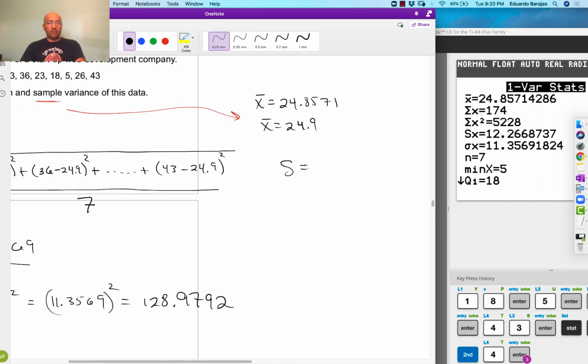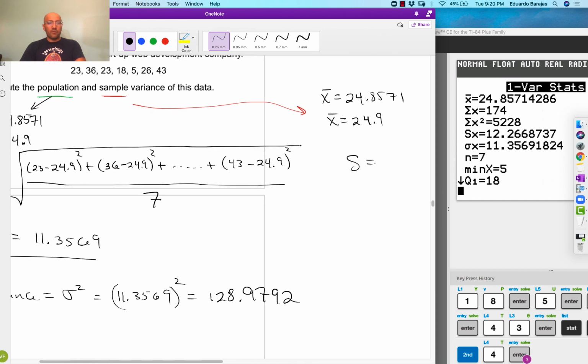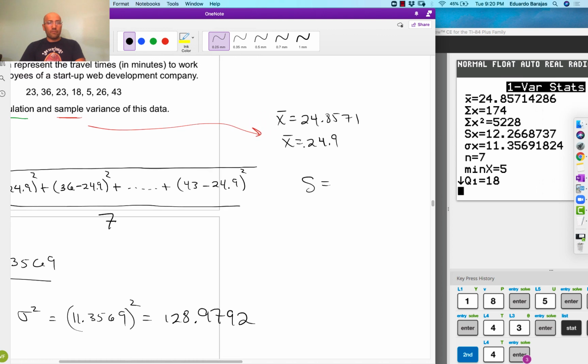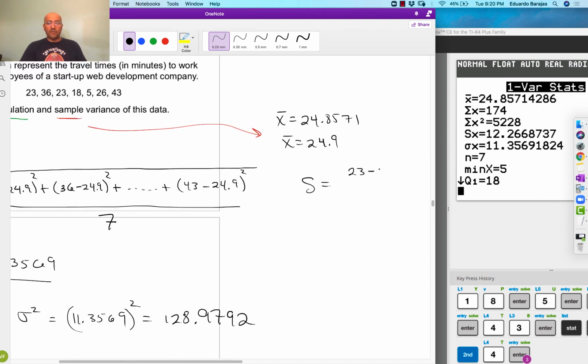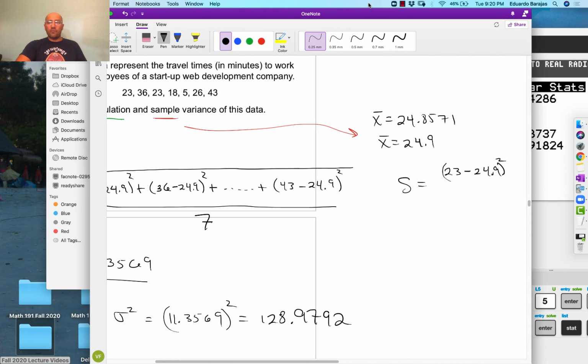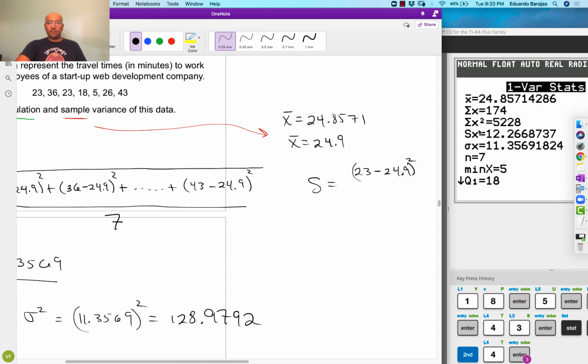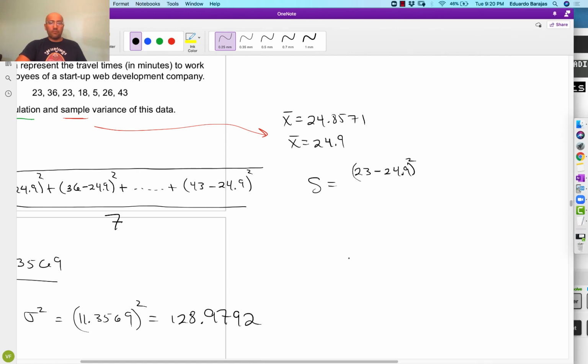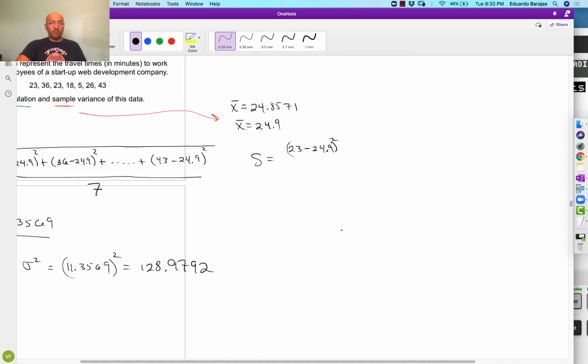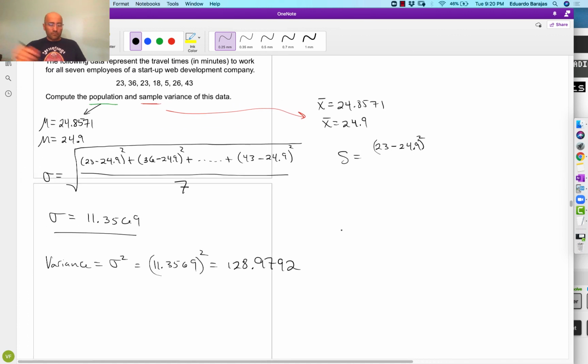So starting with, no, 23, 36, so it would be 23 minus 24.9 squared, plus the next one, 36 minus 24.9 squared, plus the next one, dot, dot, dot, keep going in the same fashion.